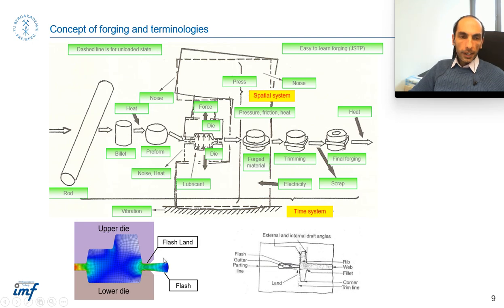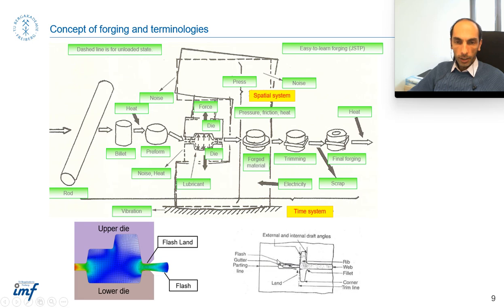In detail, here you can see the terminology for the die or for the forged part. This area we call the rib usually, and here is called the web. This is the fillet. It's clear for you. This is the corner. This is the trim line, because the flash is trimmed at the final stage in the machining stage on this line.